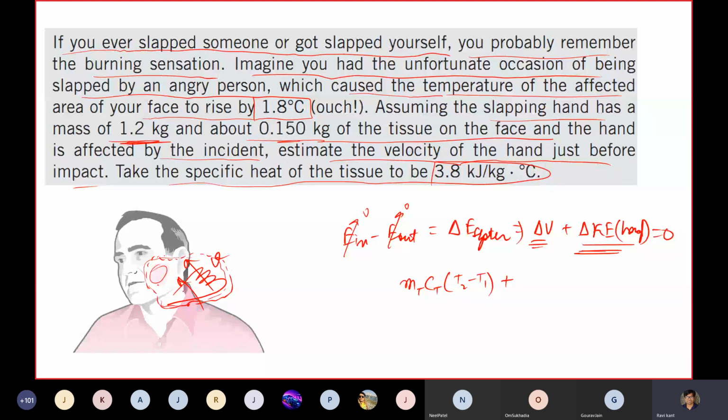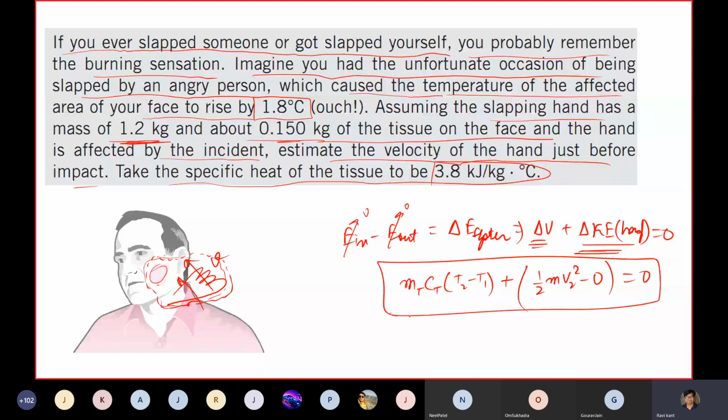Sir, the initial velocity will be 0. Exactly. So half m v2 squared minus 0 squared.